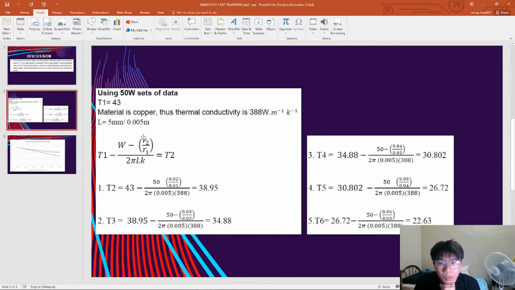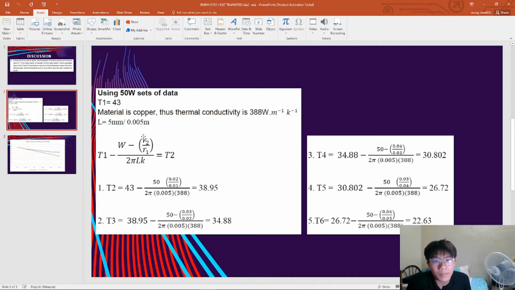So for T2 we use T1, which is 43 degrees, minus 50 times ln 0.02 divided by 0.01, divided by 2 pi times 0.005 times 388, which equals 38.95, the second temperature.